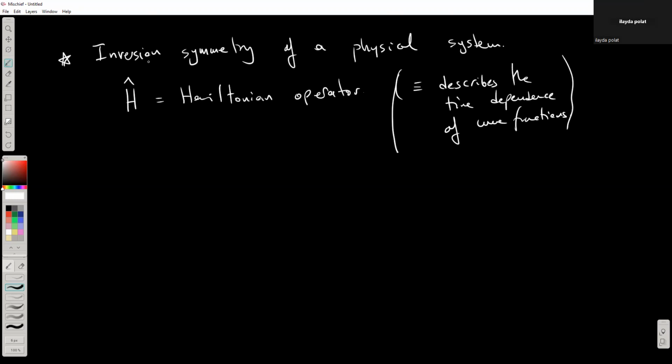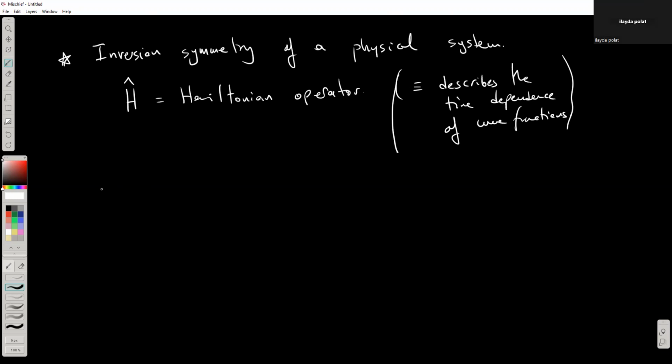It's quite hard to describe the connection here, but I would like to summarize. If a system has inversion symmetry, then this also implies something about the Hamiltonian. I'm going to write it down like this, but I'm not going to explain why this is the case.